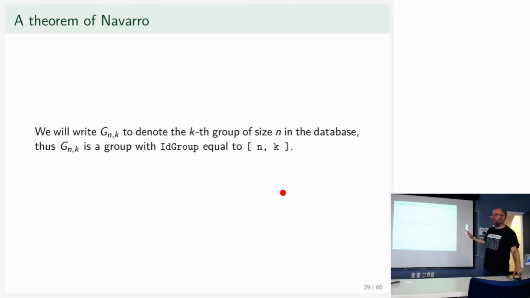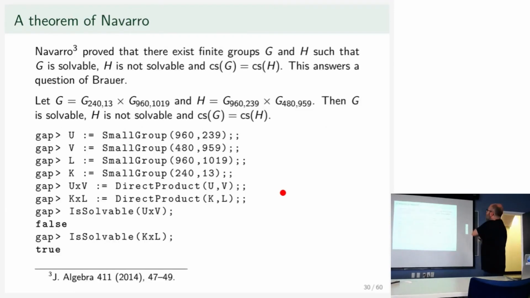Is it clear? Good. Now, Navarro proved 5 or 6 years ago that there exist finite groups G and H such that G is solvable, H is not solvable, and CS of G and CS of H are equal. Okay? This was a question of Blau.